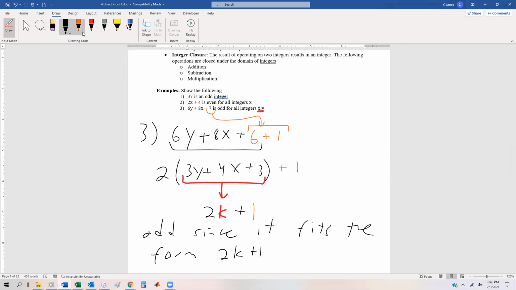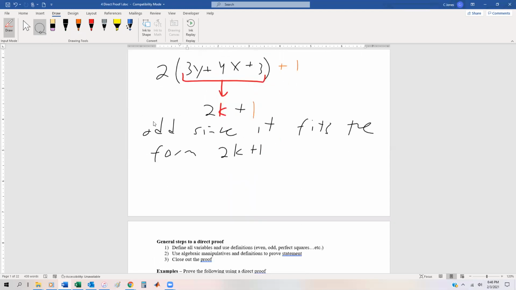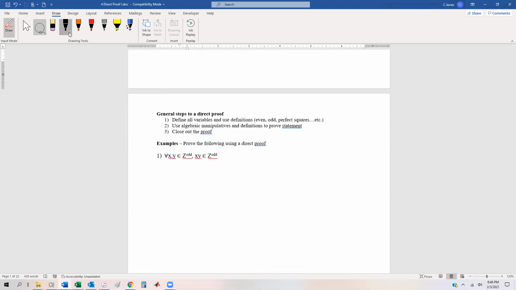Now, these are not proofs, these are just showing. In the next example, we're going to take a look at a specific proof. The first thing we have to do is learn the general steps of a direct proof. A direct proof has 3 steps, really. First, we define all the variables and use our definitions.